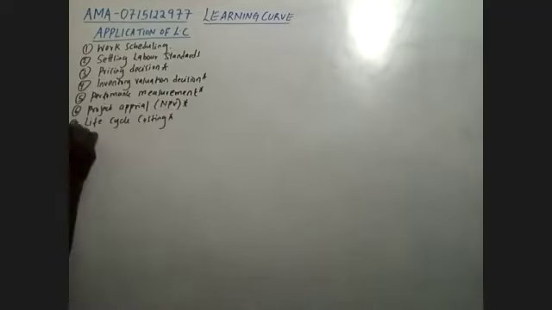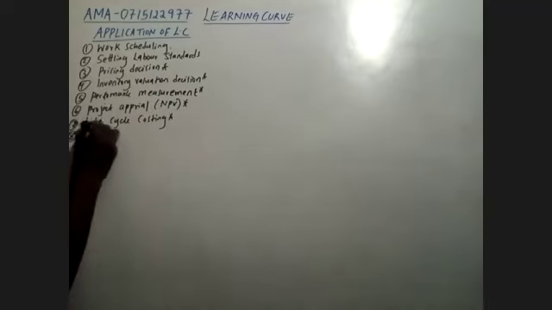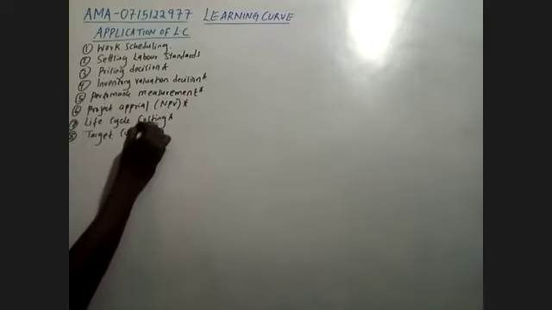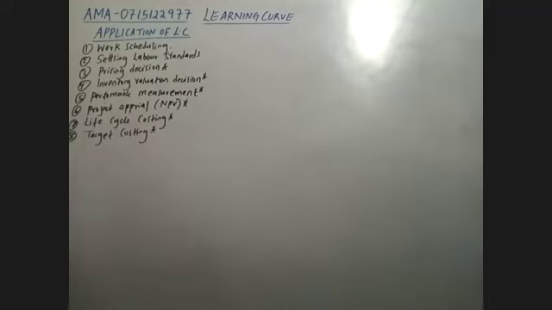Then you have target costing, also a topic we shall do. Those are some of the applications that we can find when we are talking about the learning curve effect.